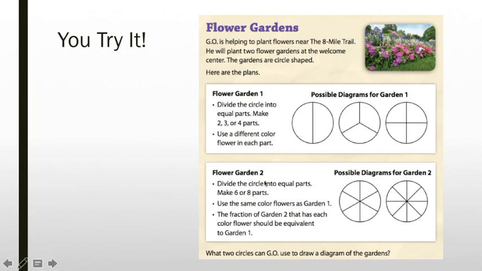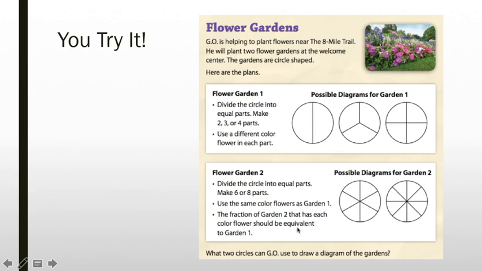Now, in his garden 2, he wants to divide the circle into equal parts again, and he wants to divide it into 6s or 8s. Now, you need to use the same color of flowers as you used in garden 1. The fraction of garden 2 that has each color flower should be equivalent to garden 1. So you're going to need to think back about equivalent fractions, that key skill we talked about.